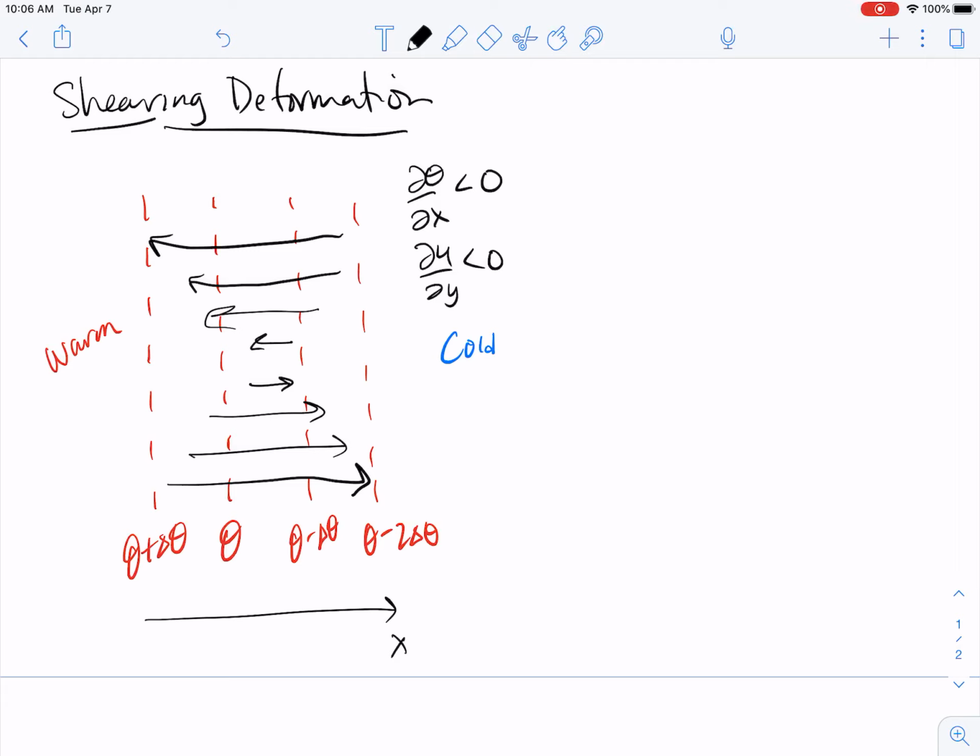And so if we have that as the case, du dy is less than 0 and d theta dx is less than 0, then our overall term is these two things combined. And so if we have a less than 0 term times a less than 0 term, we end up getting a greater than 0 term, such that we're going to generate temperature gradient in the y direction.